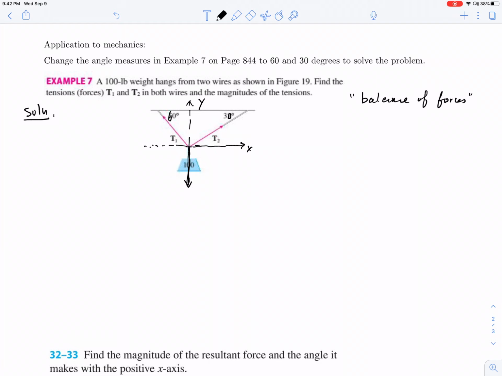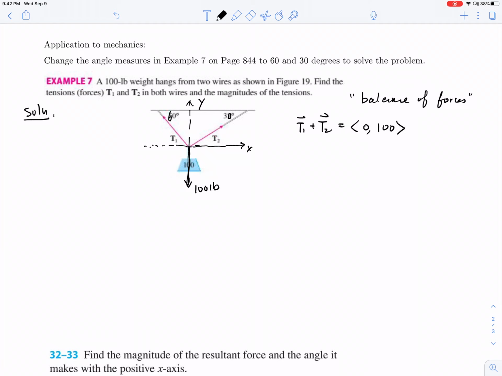The gravitational force over here is 100 pounds. So what we want to have is that these two forces, T1 plus T2, is going to be 100, but it's pointing upward, so it's going to be (0, 100). So this is what we want to have.